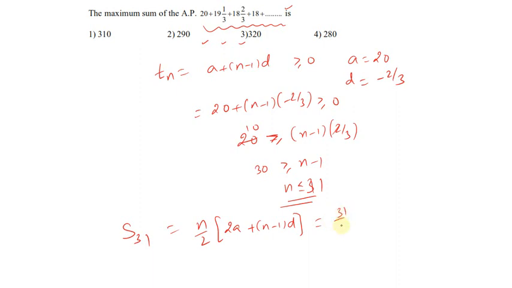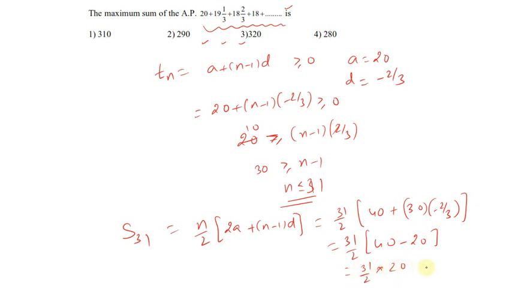So n is 31 by 2, 2a is 40, plus 30 into minus 2 by 3. How much are you getting? 31 by 2 into 40 minus 20, which is 31 by 2 into 20. So you are getting 310. Move to the next question.